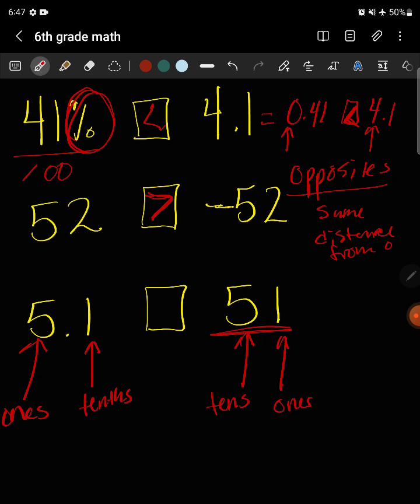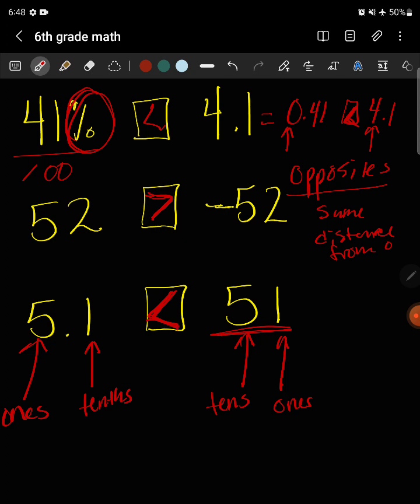So this is about understanding place values. I have no number in 51 that's in the tenths place. So because I have no number that's in the tenth place, I know that 51 is larger than 5 1/10.